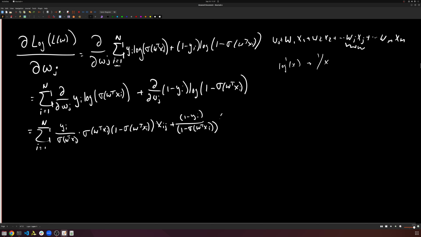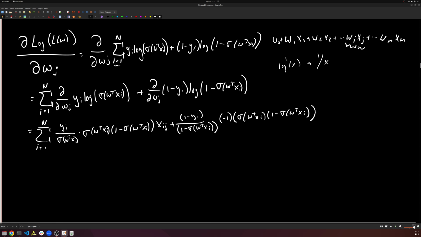So it's going to be times -1 times the derivative of sigmoid, which is sigmoid w transpose xi times 1 minus sigmoid w transpose xi. And then we have, again, the derivative of the inside term, which will again be xij. So this positive and this negative, we'll just make this a negative, so that's no big deal.